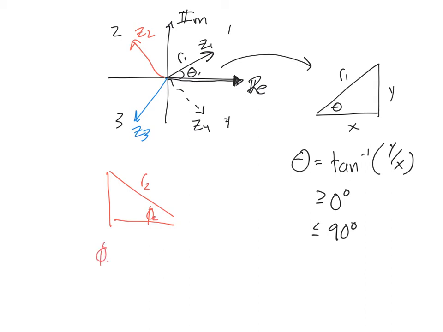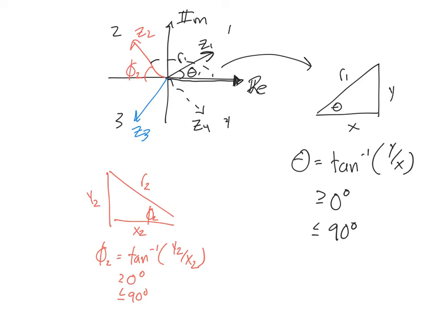So phi 2 using this expression is just going to give us arctangent of y2 over x2, again going to be between 0 degrees and 90 degrees. Problem is that what we found is not the right angle. We want to find theta, which is always denoted as the angle from the real axis.